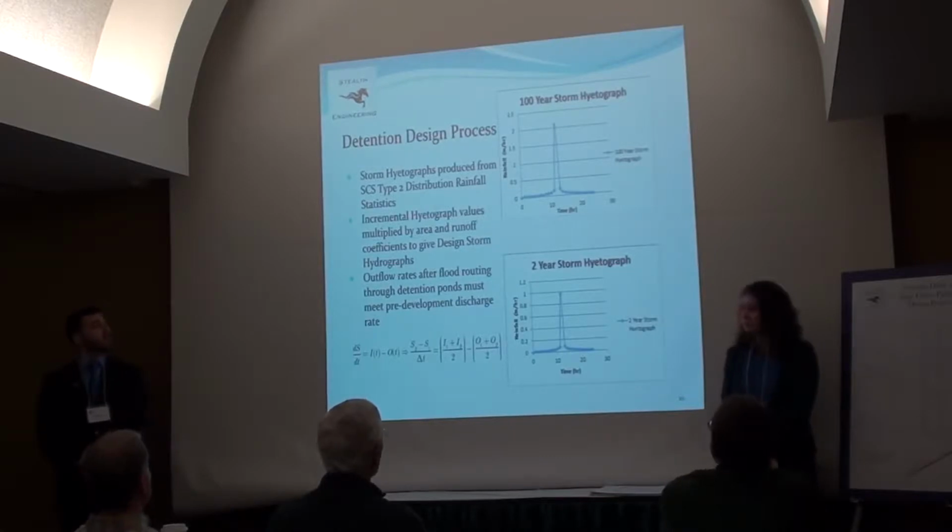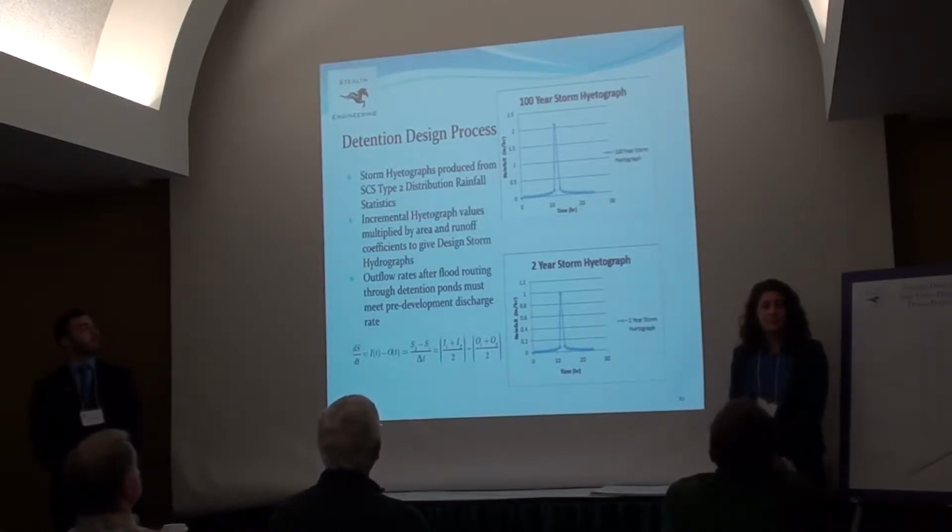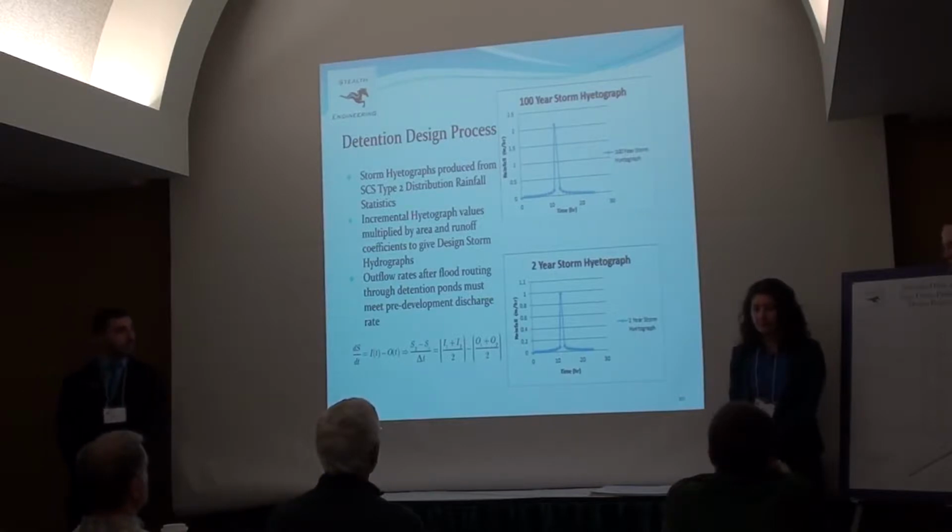For the detention design process, we first started with storm hyetographs. These are statistical analyses done by the Soil Conservation Service that study geographic locations, and in Michigan we are type 2. This describes how water will fall during a 24-hour storm.